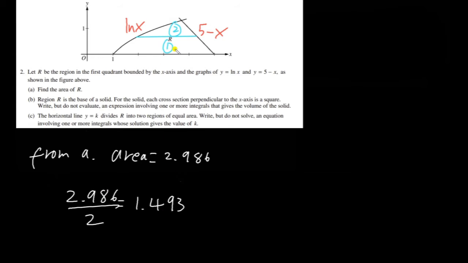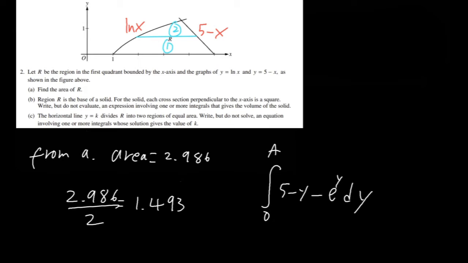Okay? So each of these regions will have an area of 1.493. Okay? So all you gotta do is say, if I integrate from, so remember in part A, we had the integral from 0 to a of 5 minus y minus e to the y dy, right?